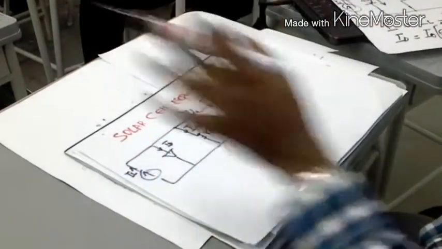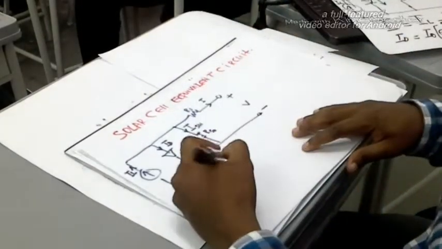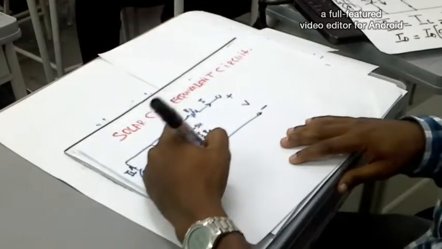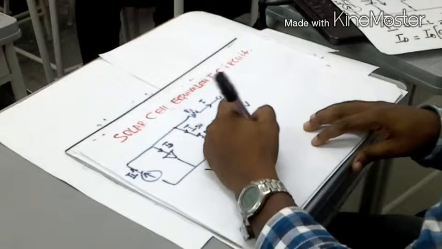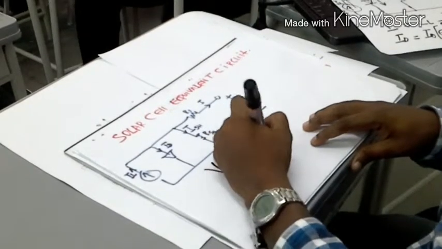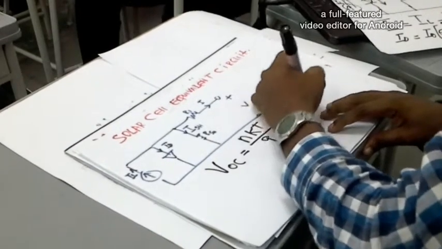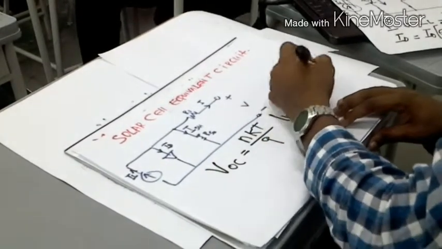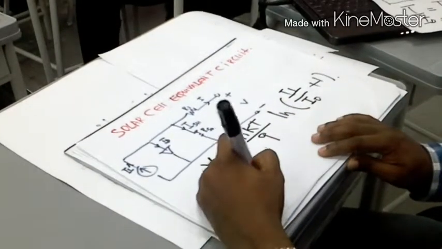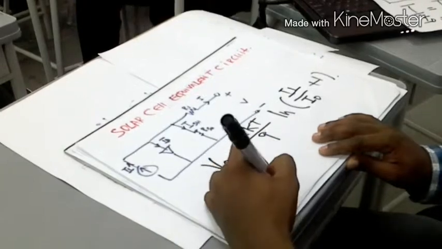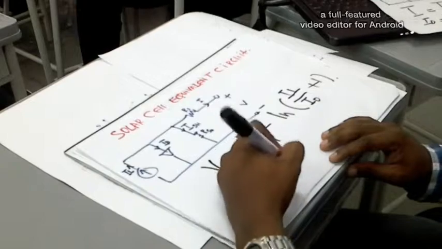If we have the solar cell equivalent circuit like this, the voltage in terms of the open circuit, we name it VOC, will be NKT over Q times ln of IL over I node plus 1. And the same goes for the current in the open circuit.